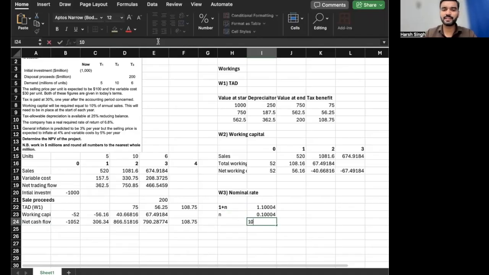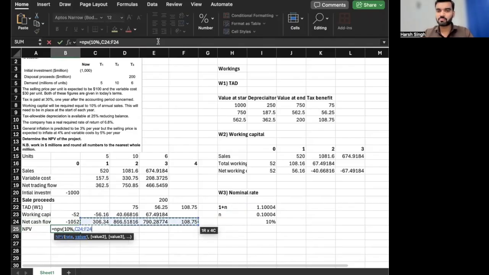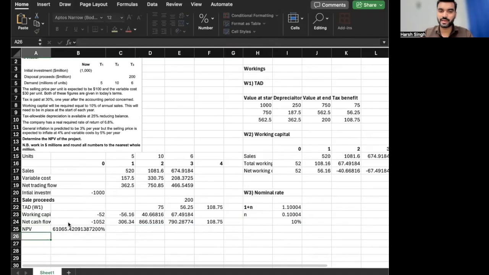So simply we can say 10%. Simply 10%, everyone. Over here I can put down NPV directly: equals NPV, bracket open, rate I can put down 10%. I can take all the values, close the bracket, and then I can add this one as well.